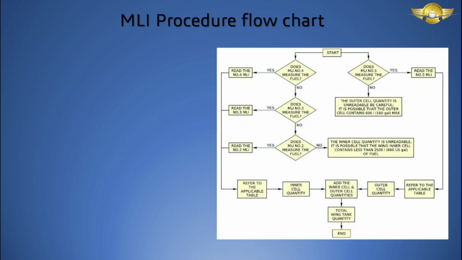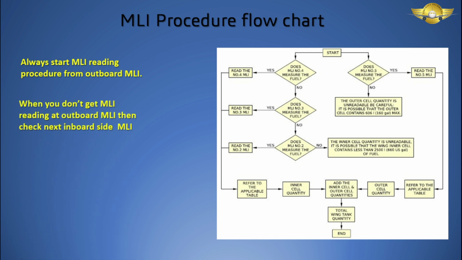MLI procedure flowchart. When we do the fuel quantity check with MLI, please follow the flowchart and note the following points. When you start to check MLI reading, always start from the outboard side of the wing. When you don't get an MLI reading at the outboard MLI, then check the next inboard side MLI.